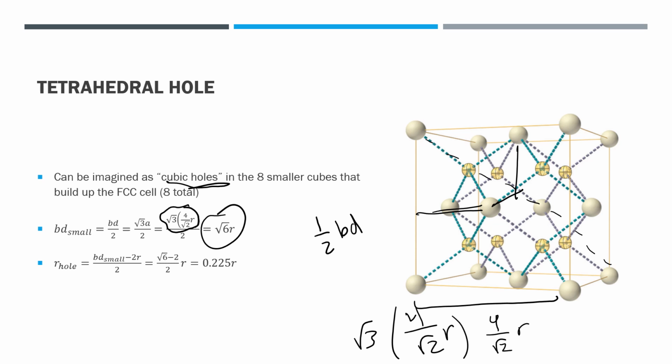That should give me the diameter that's open as a hole, right? So the body diagonal of the small cube minus 2r gives me the diameter. Then if I divide by 2, I should get the radius. So the radius of the hole is root 6 minus 2 over 2 r. If you plug that into your calculator, you'll get 0.225 r.